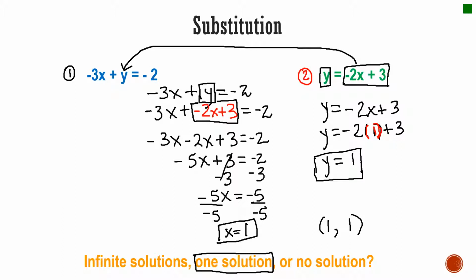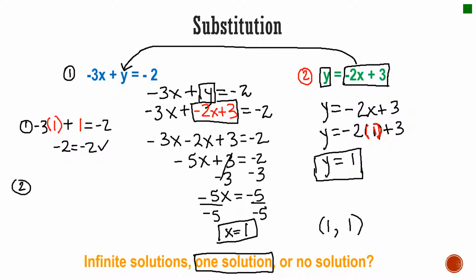In equation 1, I'm going to go ahead and make my substitutions. Negative 3 times 1 plus 1, see that substitution there, equals negative 2. And that does check out as correct.